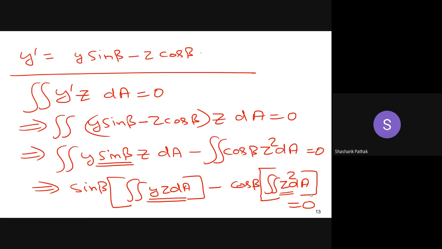Y-axis. Very good. So this is moment of inertia about the y-axis, and the other term is product of inertia about yz, Iyz.